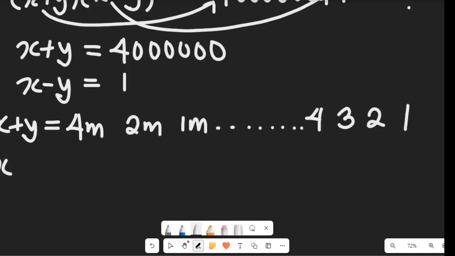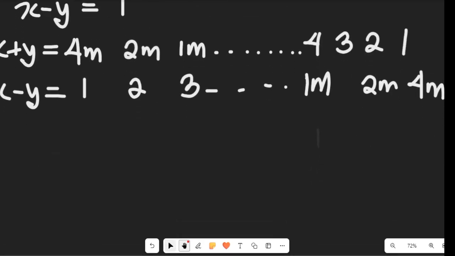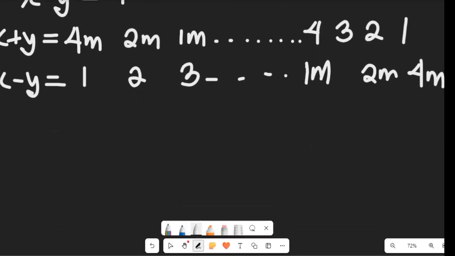And my x minus y can be 1, 2, 3, and it increases that way until I have my 1 million, which is 10 to the power of 6, I can have my 2 million, and it will end up with 4 million. Great.